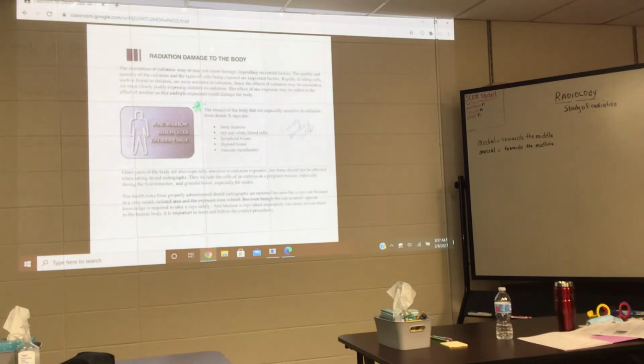Also, an area is the gonadal tissue, especially in males. You know what gonadal tissue is, right? Gonads. Gonads are the testes and ovaries, testes in male, ovaries in females. Why would males be more susceptible?